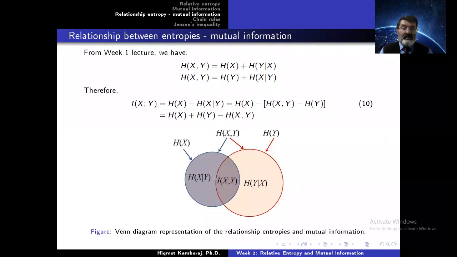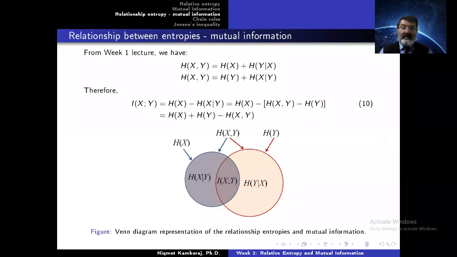Therefore, I could write the mutual information between x and y, as we just derived, as H of x minus H of x given y, which can be written as H of x and y minus H of y. Then if I open the brackets and rearrange, you get H of x plus H of y minus H of x and y.